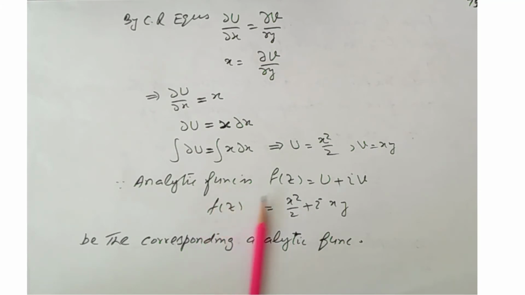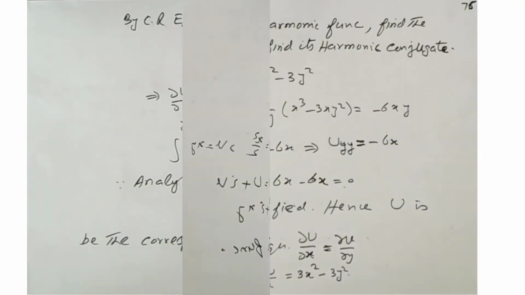The analytic function is f of z equal to u plus i v. So we put the value of u, that is x square by 2, and here v equals xy. So f of z equals x square by 2 plus i xy, the corresponding analytic function. V was given and we have found the value of u. So this completes the analytic function.